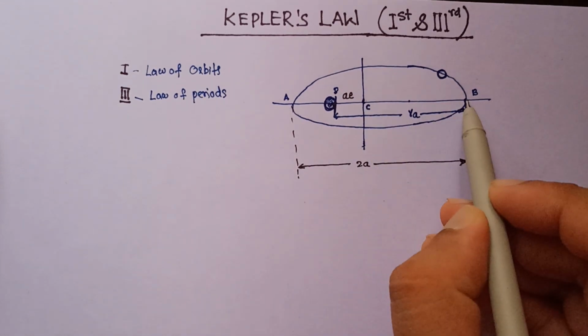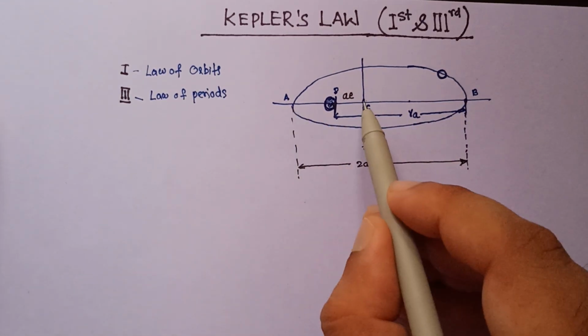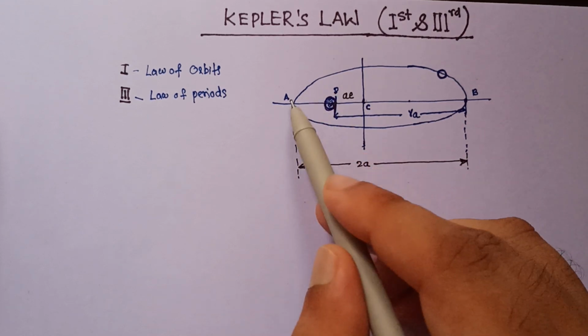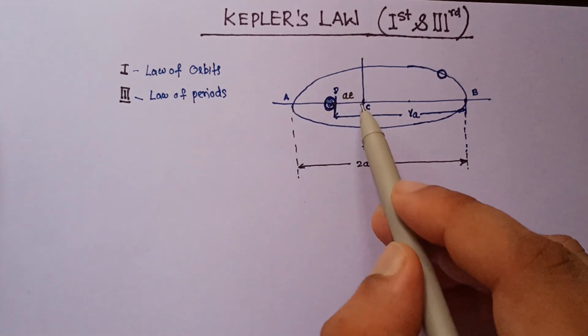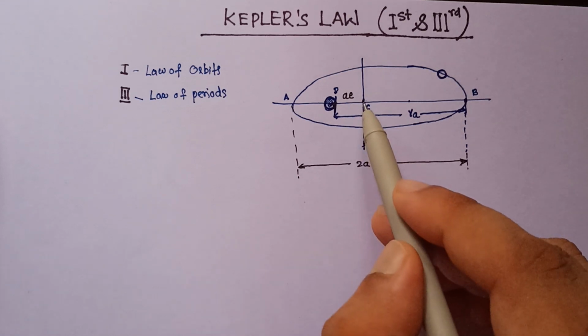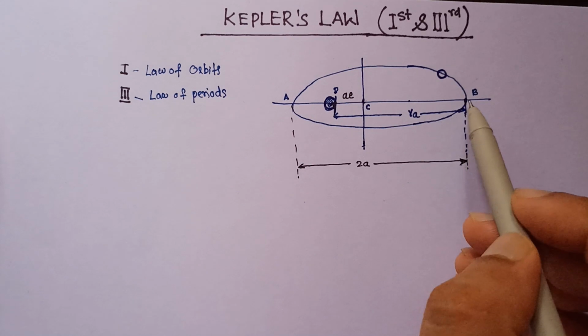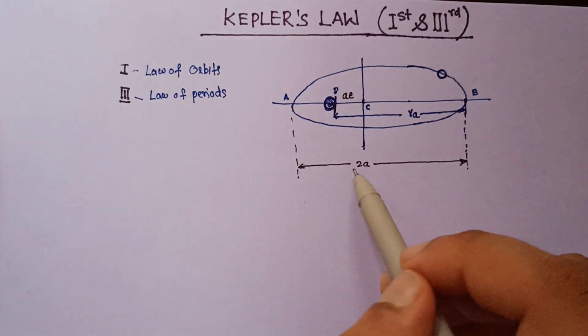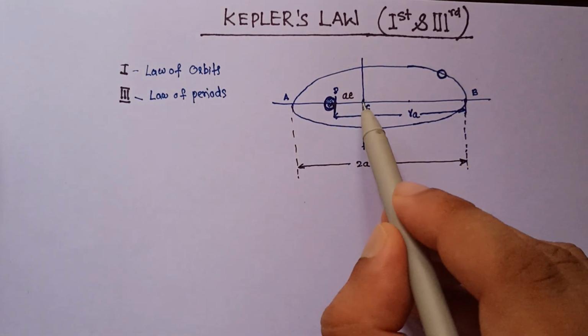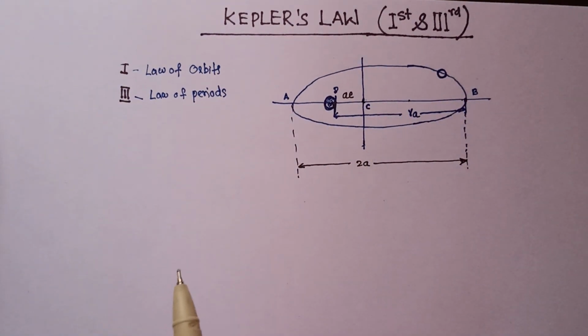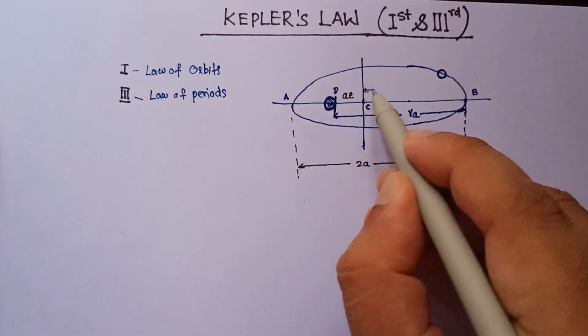From here to here it is A, so geometrically this should be equal to A. My drawing is not that good, but you can correct yourself. From A to C it's A, C to B it's A, so ultimately it makes 2A. A to C is the semi major axis, and C to B is the semi major axis. So this is A here.